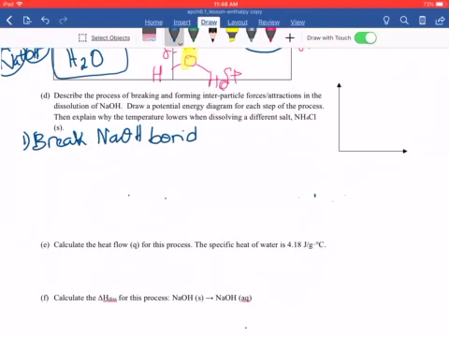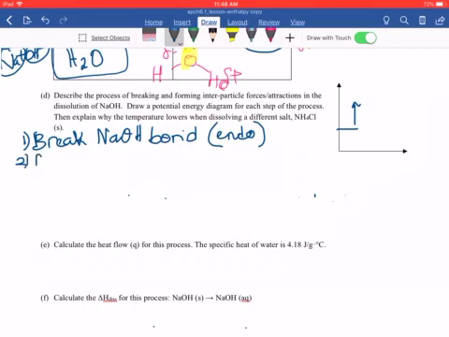That step right there is endothermic. We have to put energy into it in order to break it. So we start off kind of randomly right here, and we put energy in to break that ionic bond between sodium and hydroxide.